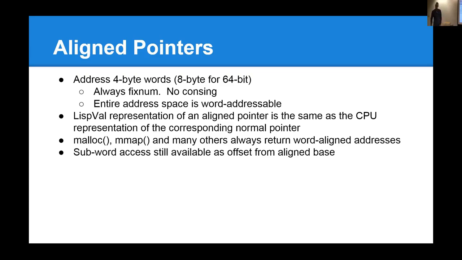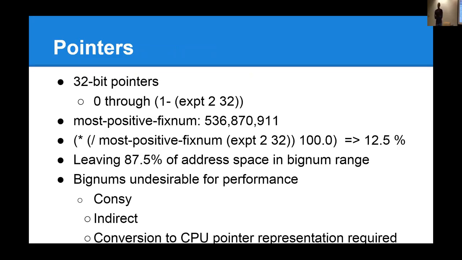Yes? So if positive fixnums give you only an eighth of the address space, and you restrict all pointers to be multiples of 4, that still only would give you 50%. I didn't quite follow your question.